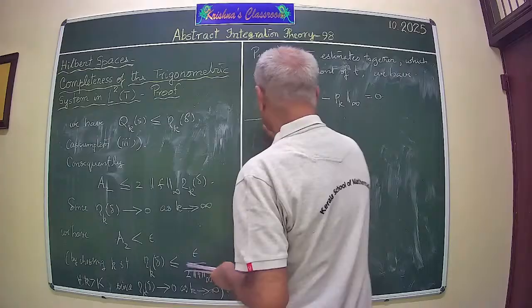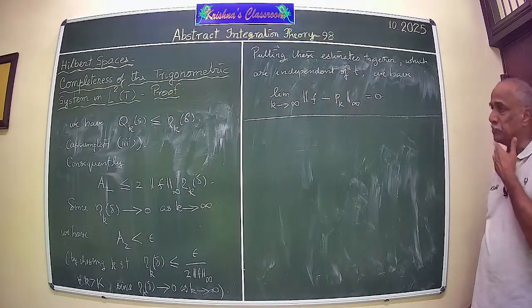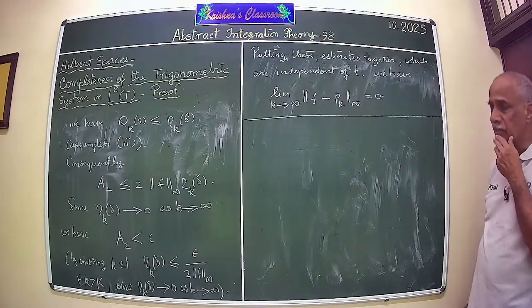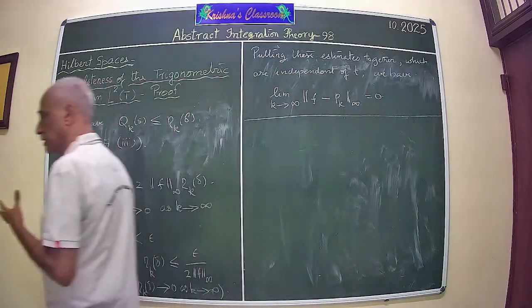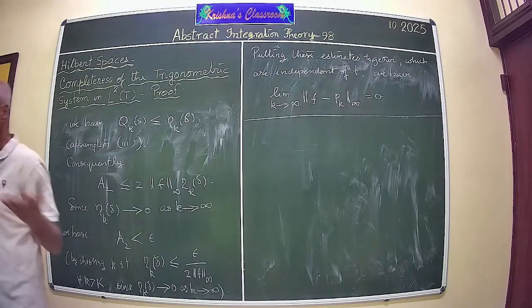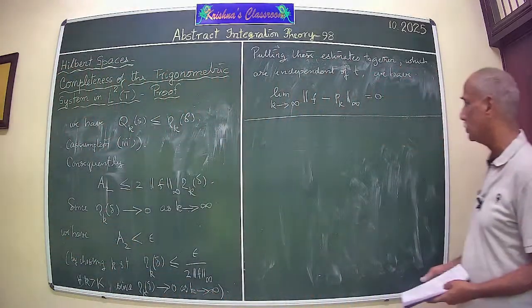But we have still kept something to be proved, namely that all this proof had been based on the assumption that there exists some qk's with the desired three properties that you have. Okay. Now we have to show that.